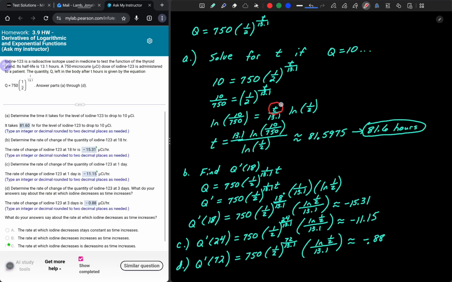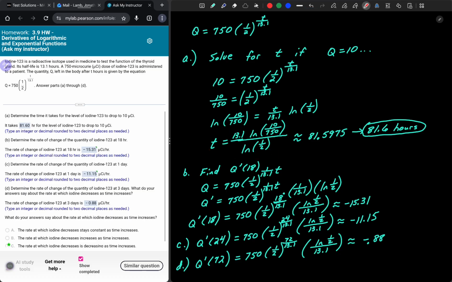So now if I want to isolate t all by itself, it's just the natural log on the other side times 13.1, since t was being divided by 13.1. And then I'll need to divide by the natural log of 1/2, since previously t was multiplied by that. So this is my correct exact expression for t.